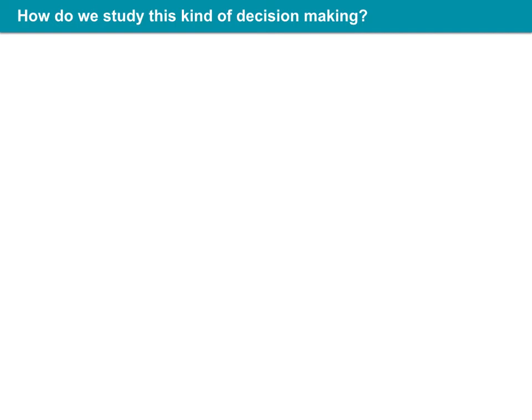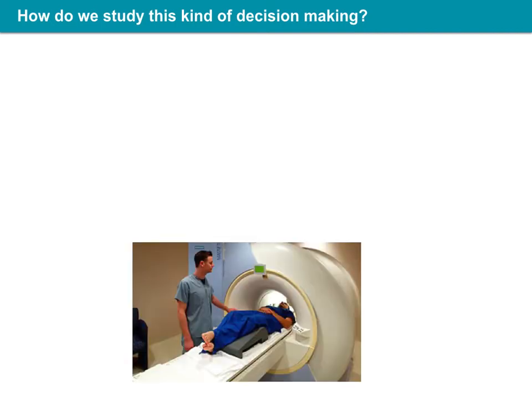Okay, so how have people tried to study decision processes like this in the lab? Well, what we might do is take somebody and put them inside a scanner, an fMRI scanner, as you can see here.